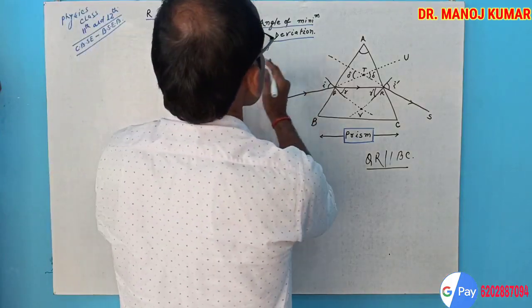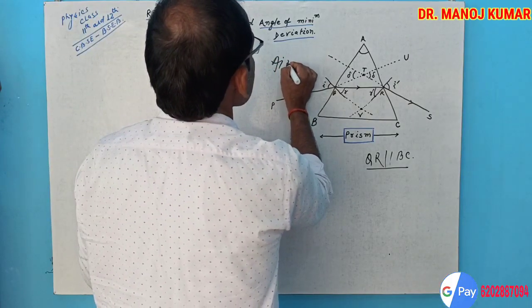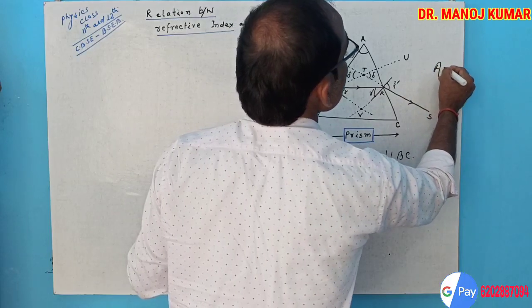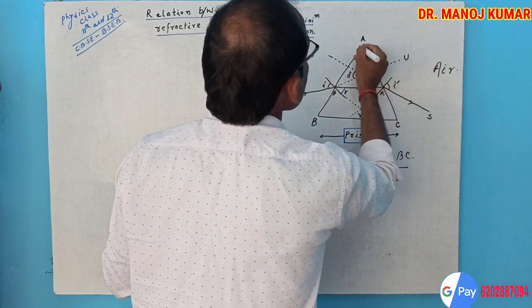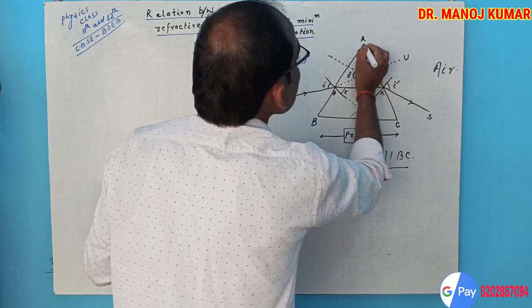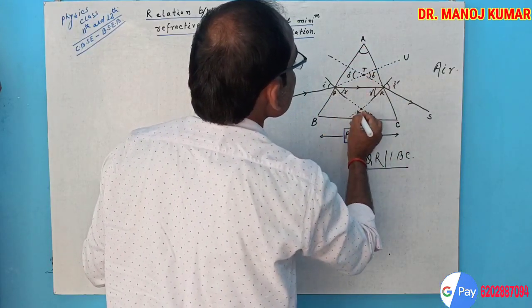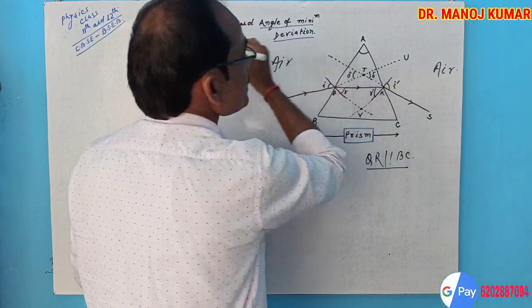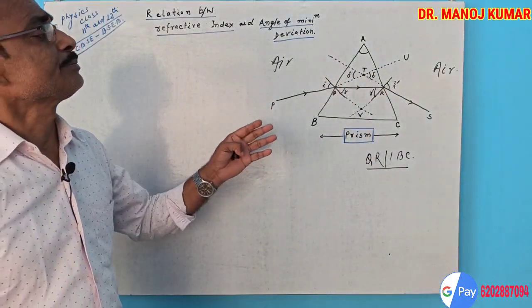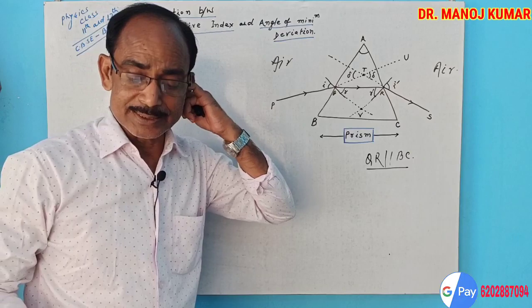So this is the air medium and this is the air medium, where the prism ABC is the denser medium.